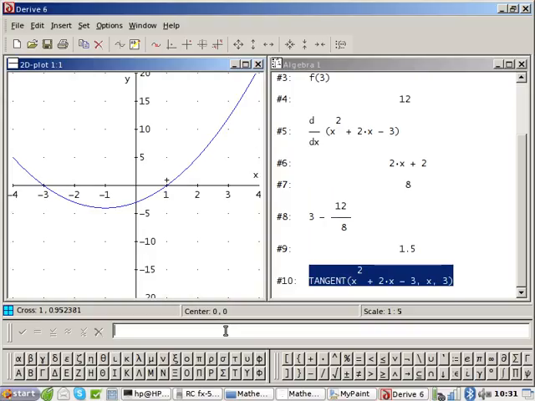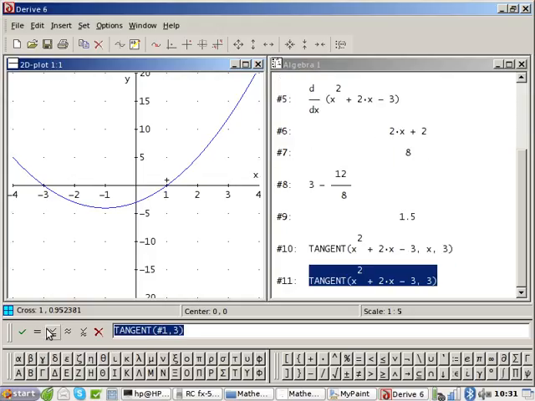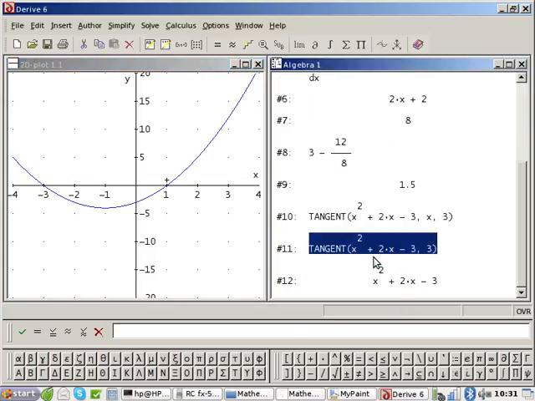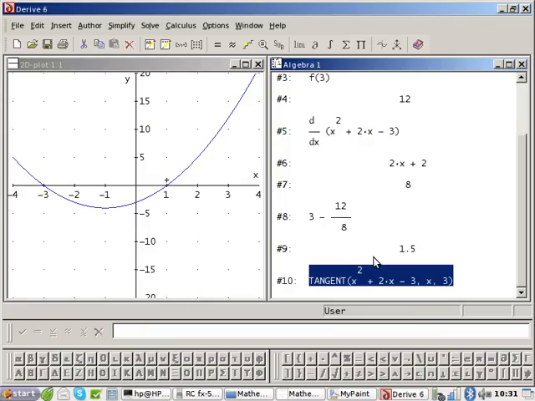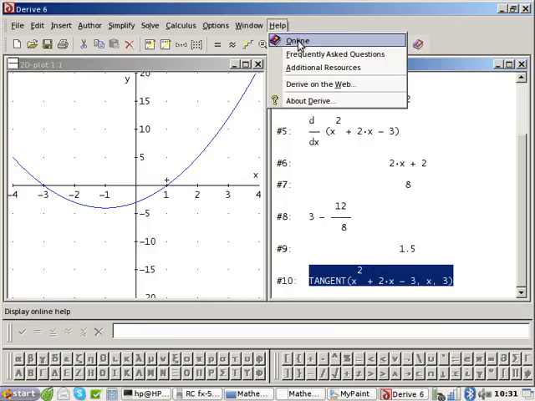No, that's not it. How do I draw a tangent line? No. I can't remember how to do a tangent line. Let me just check.